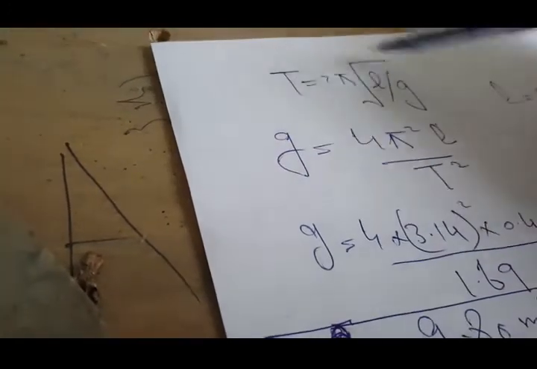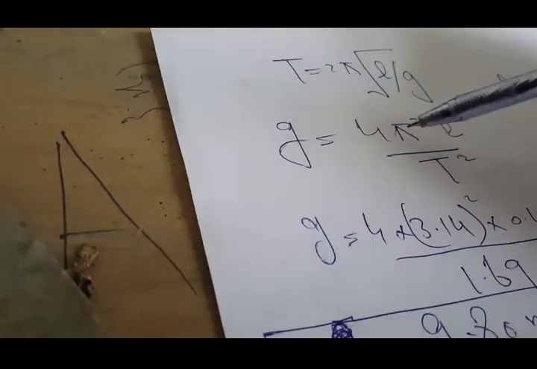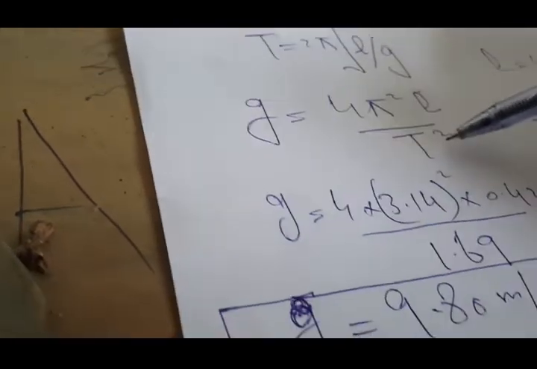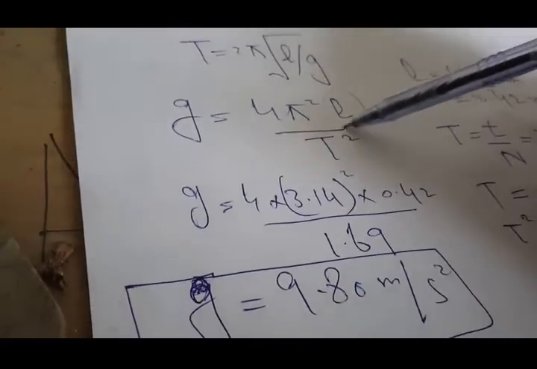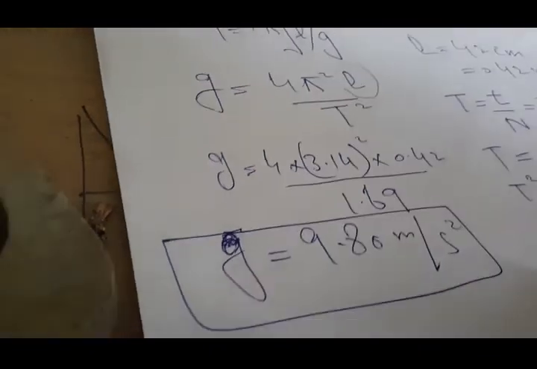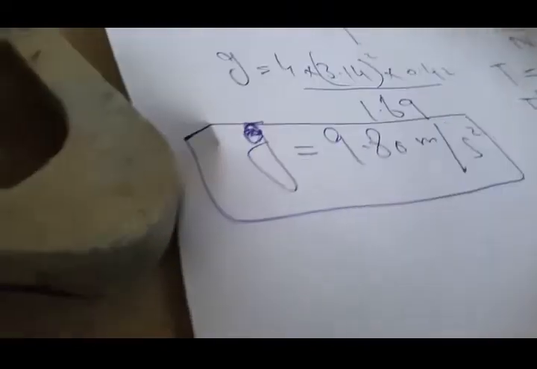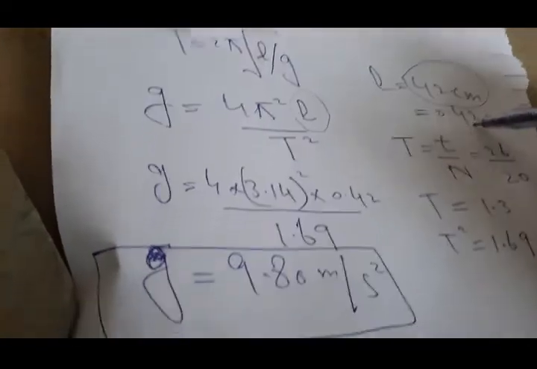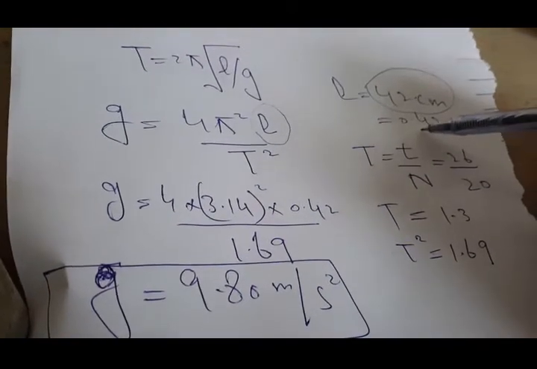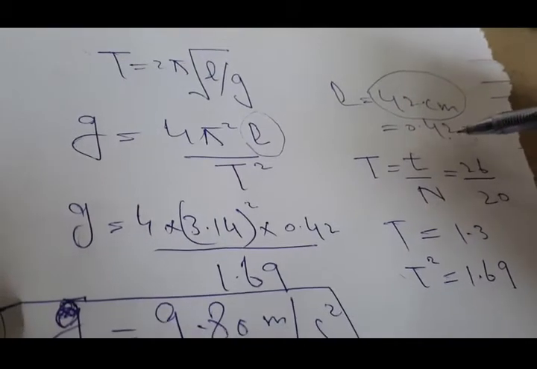Now by squaring both sides we get the value of g, which is 4π²L/T². Now the length of the thread plus the radius of the bob that we measured is 42 centimeter, and converting it into meters we get 0.42 meter, which is the length of the inextensible string.